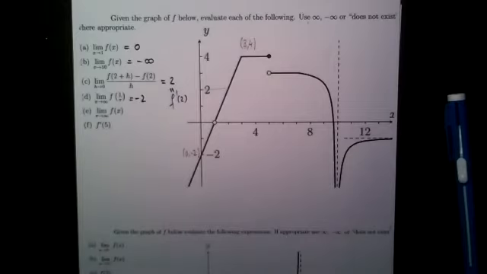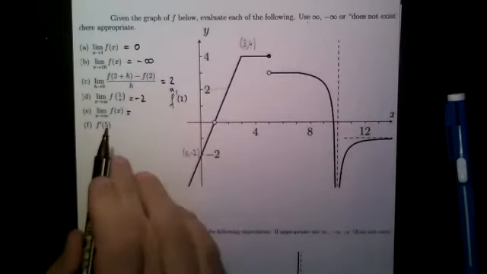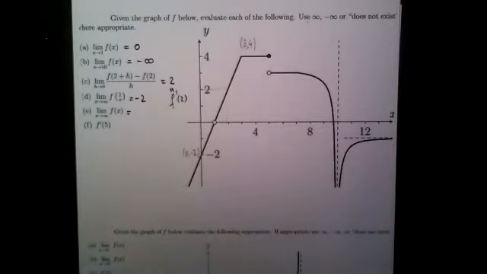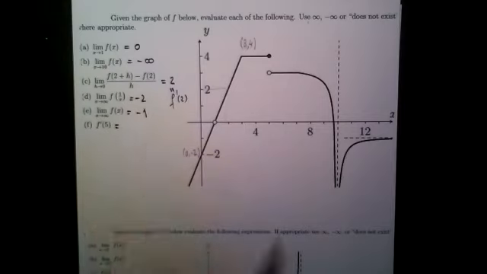Limit as x approaches infinity, Michael? Hold on. As x approaches infinity, it would be -1. Perfect.